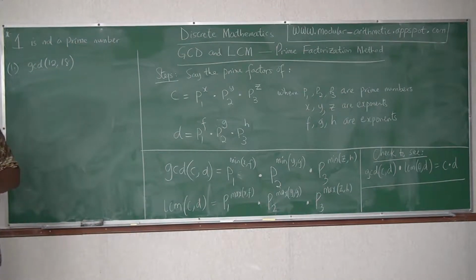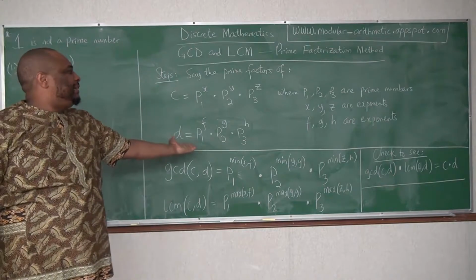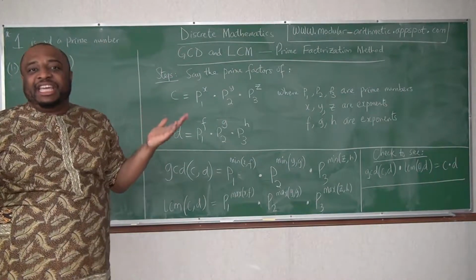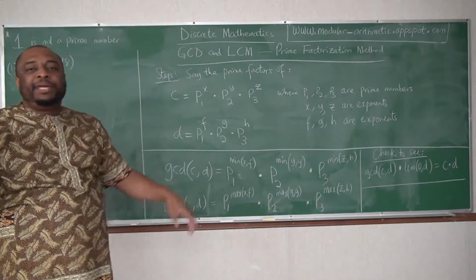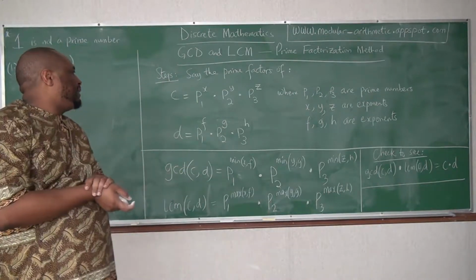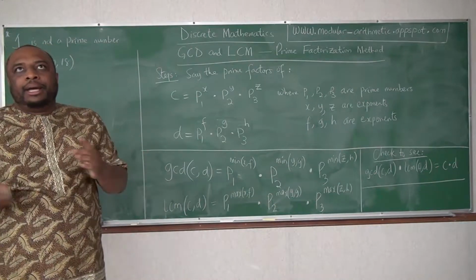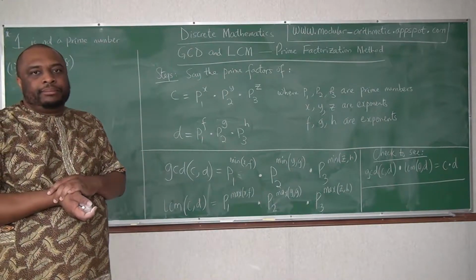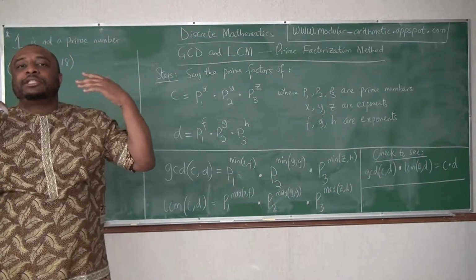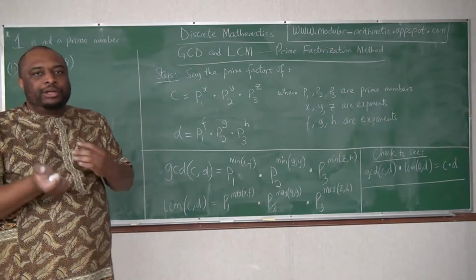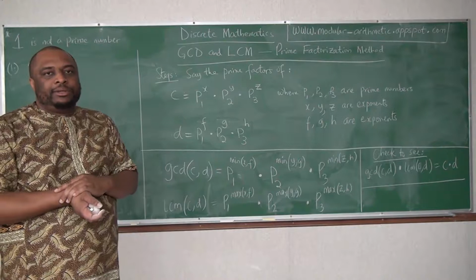But here we're going to use the prime factorization method. And this applies even if you have C, D, E. You can have E to be P1 to the K times P2 to the J times P3 to the M. It applies if you have more than 2 numbers. We're going to solve that kind also in this video.